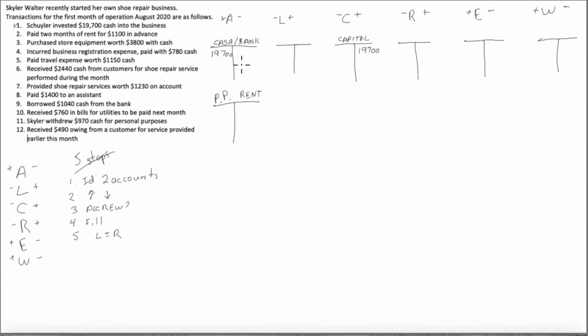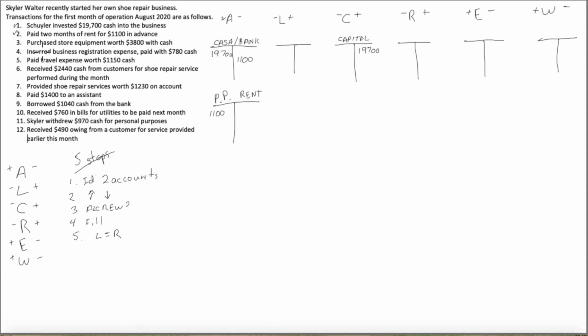Okay, so the bank went down $1,100 according to our ALCREW, and then our prepaid rent went up $1,100. So last but not least, we obviously filled it out. Does left equal right? Left equals right.